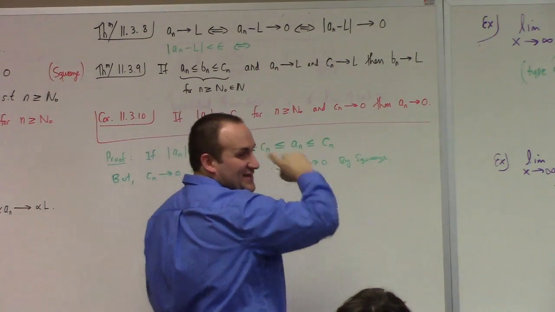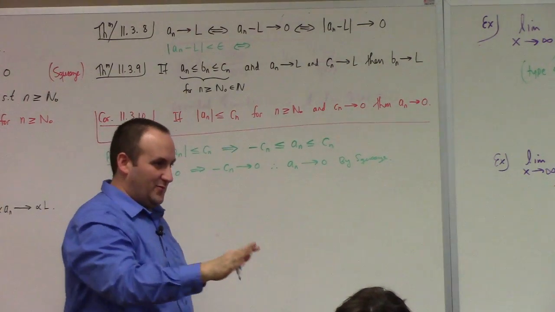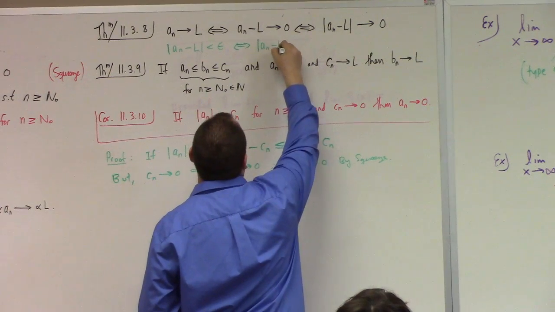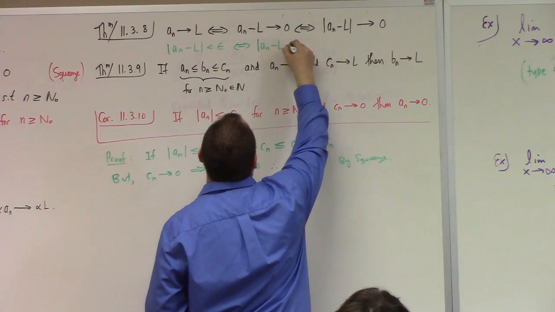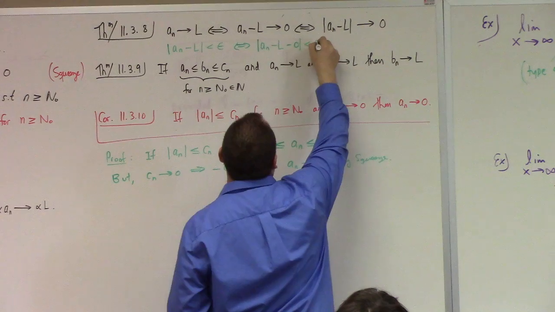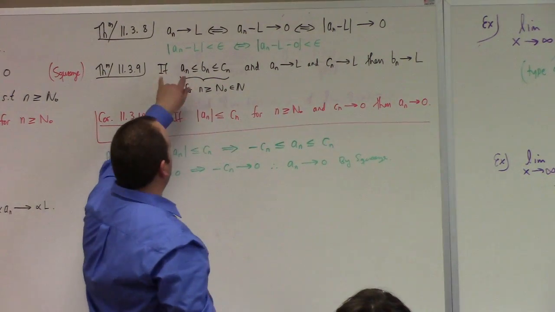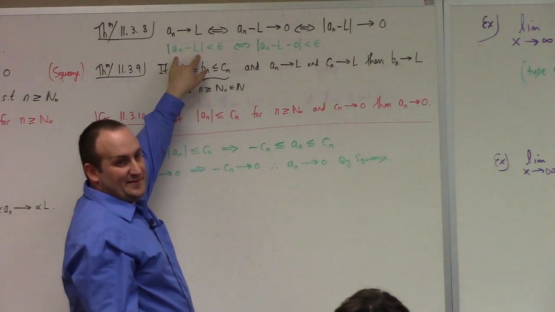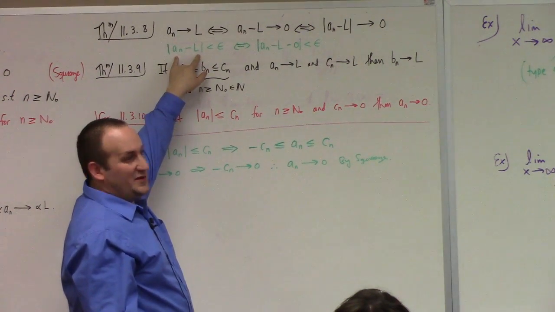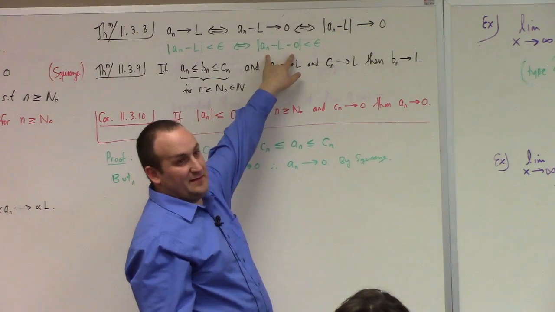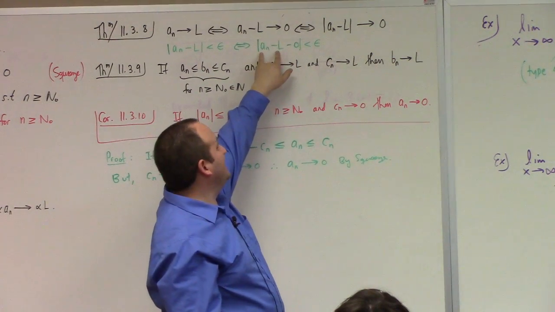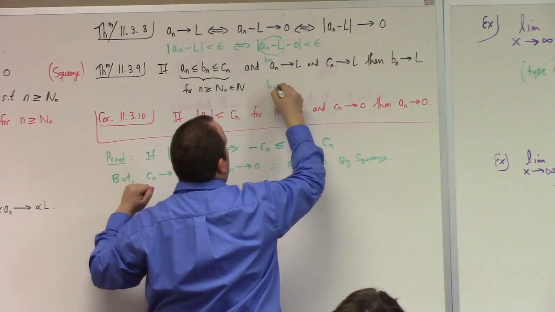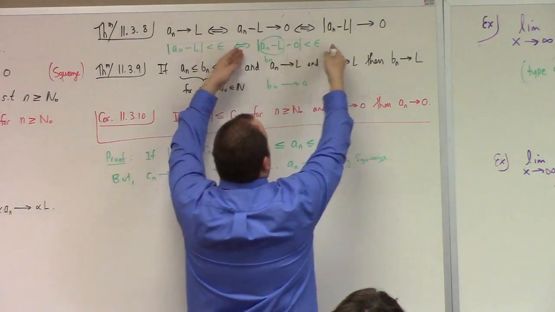Well, that is true, but let me state something even more boring than that. No offense. How about this? If n is a positive integer that makes this less than epsilon, then n is also a positive integer which makes this less than epsilon. But that is exactly what I need to prove that the sequence, if you look at this collectively, is like a b sub n. So b sub n goes to 0 from this inequality.